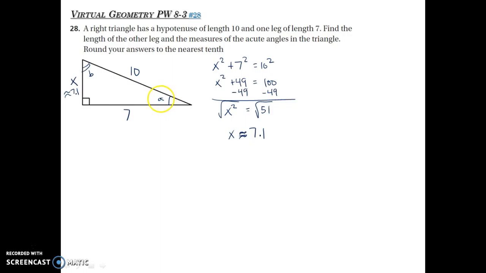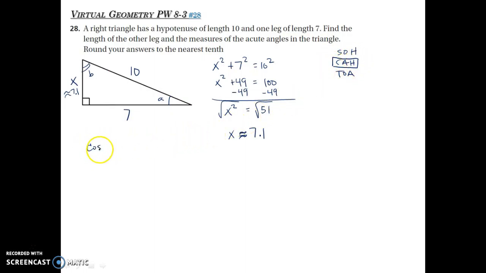Let's see. I want to use the 10 and the 7 because those are exact and this is approximate. So if I want to find angle A, what ratio uses the adjacent side and the hypotenuse? SOHCAHTOA. We want to use the adjacent side and the hypotenuse. Adjacent and hypotenuse is cosine.